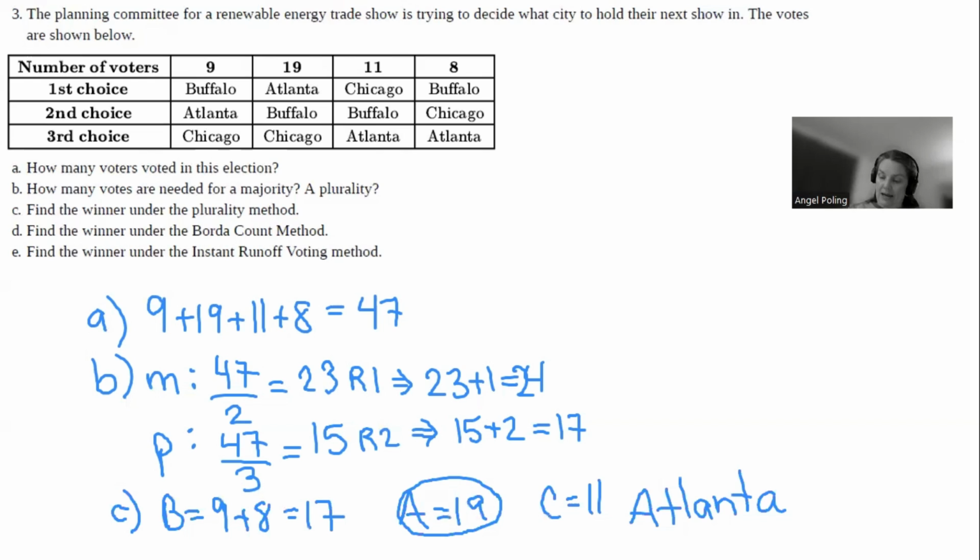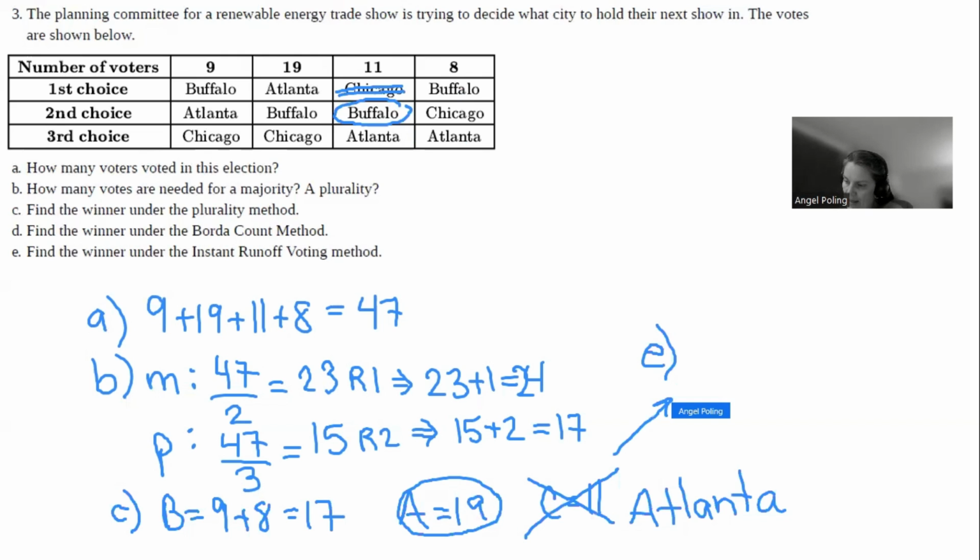We can look at the runoff method pretty easily. So for part E, what you do is you cross off the votes of the least voted for candidate, and then you give the votes to their second choice, which is Buffalo.